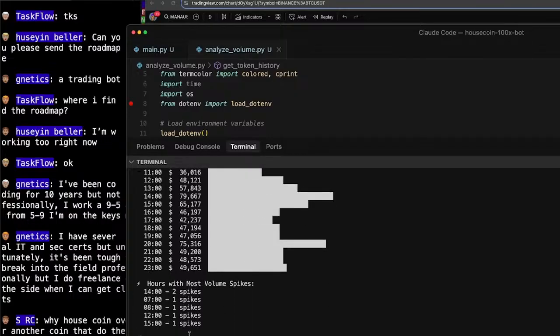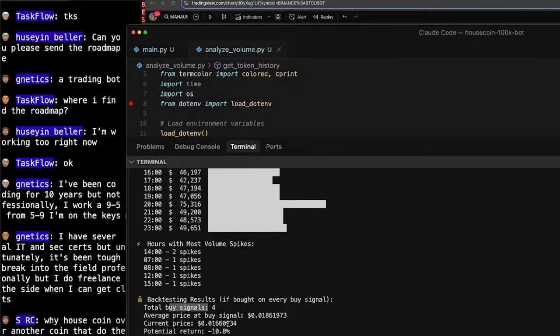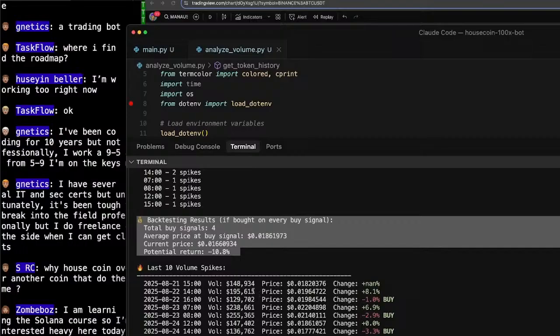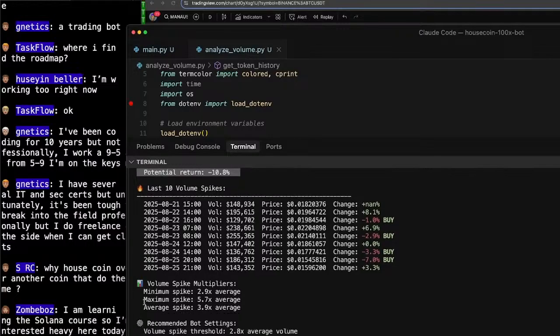Hours with most volume spikes. Backtesting results if bought on every buy signal. Volume, last 10 volume spikes. Volume spike multipliers: minimum spike 2.9x, maximum spike 5.7x, average spike 3.9x.